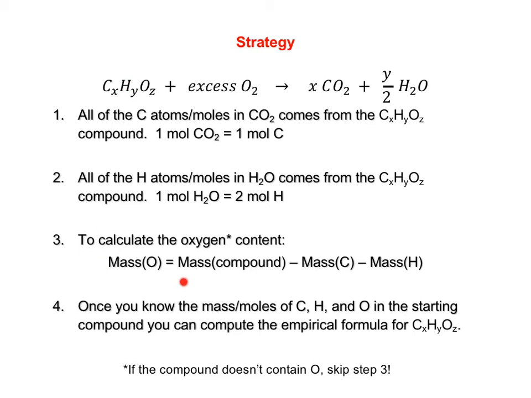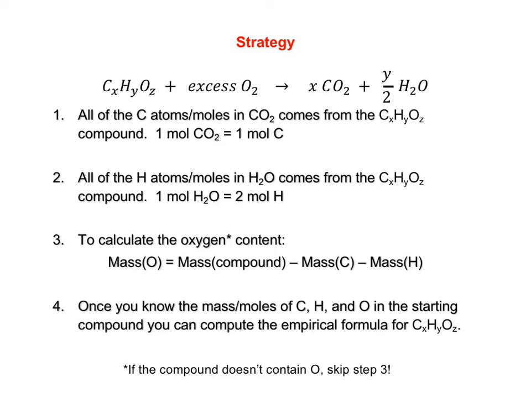To calculate the amount of oxygen, if we know how many moles of carbon and how many moles of hydrogen there were in the compound, we can determine what the mass of those atoms would be. And so we can then subtract that from the original mass of the compound, because all that's left is going to be due to oxygen. And so once we know the mass of oxygen, we can of course convert that to moles.